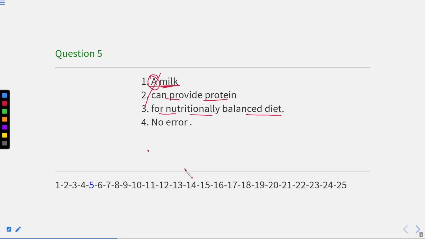Now in these types of questions we need to identify only that particular part that contains the error. We need not rectify it. So even if we don't know whether to use an article before it or not, if we only know that a should not be used over here, we know the answer, that is the first is the correct answer. Why so? Because we cannot use a before the word milk, because milk is an uncountable noun.